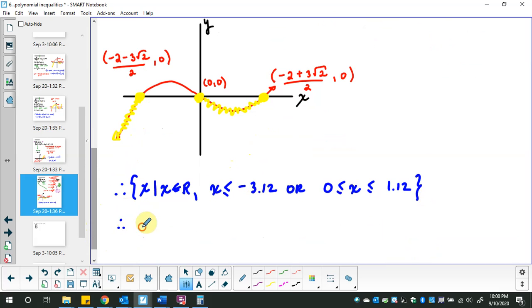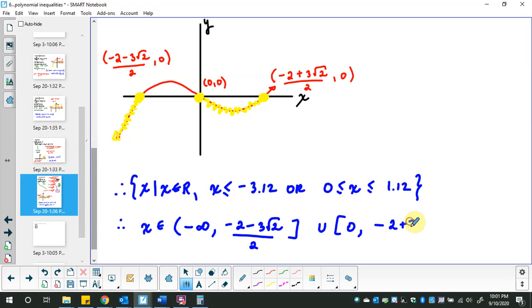Other possibility, x's. We colored from negative infinity, not including it, up to that and including it, or fancy, or 0 including it, up to that including it. All right, ready for the last question?